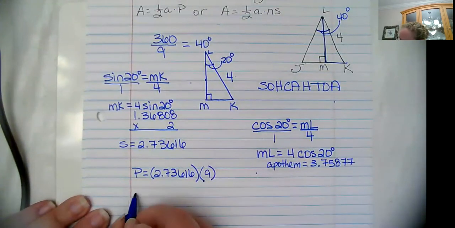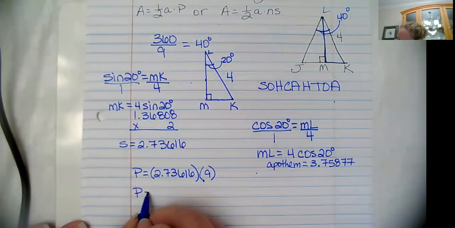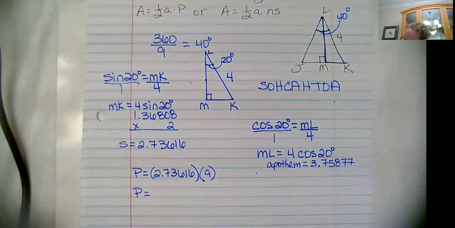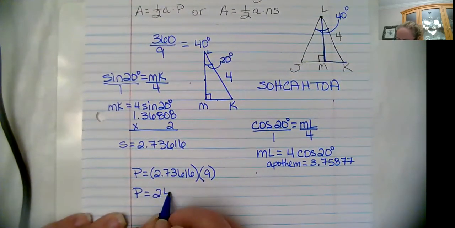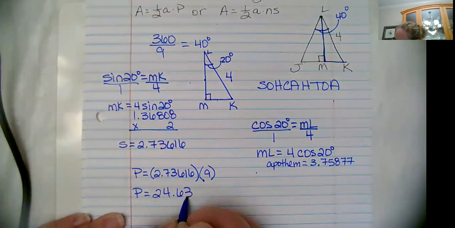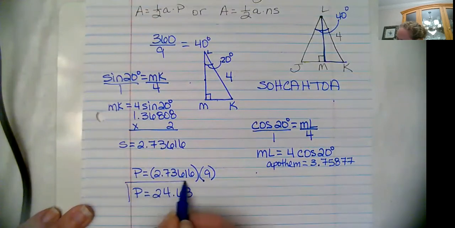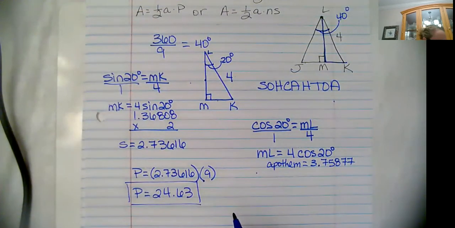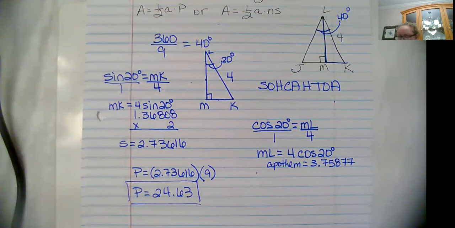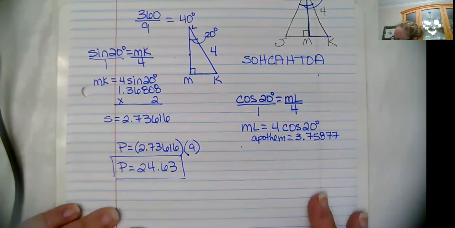That's going to be our first answer. 2.73616 times 9, and we get 24.63. That's our perimeter. Let's see what they got. They said put 24.6, so we're good.